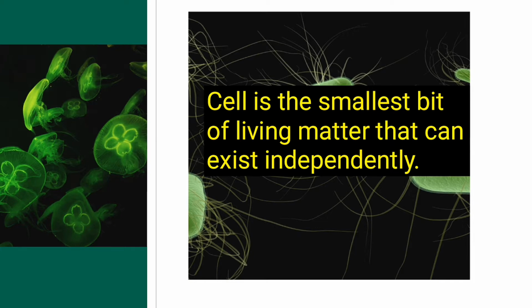That is, a cell can exist independently on its own, and when it does, it exhibits all the characteristics or the biology of living things, which are Mr. Niger D. So that is the aspect of cell.